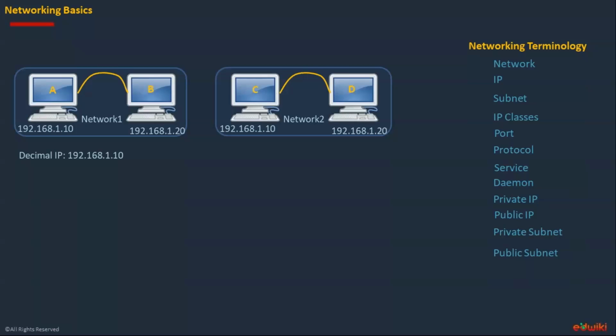The decimal IP I have taken here as an example has 4 octets, separated by a dot. The rule says that your IP address should have a total of 4 fields separated by a dot, and each field should not have a number more than 255.